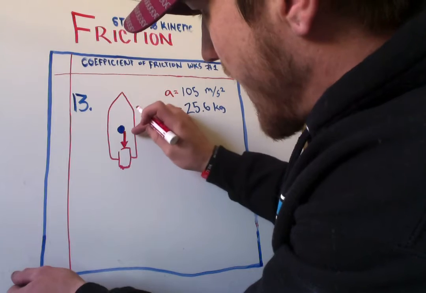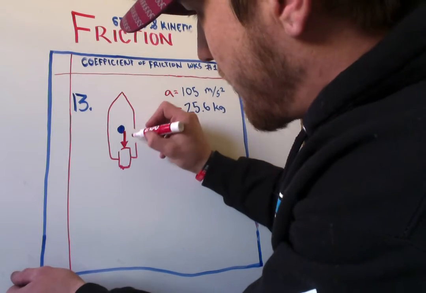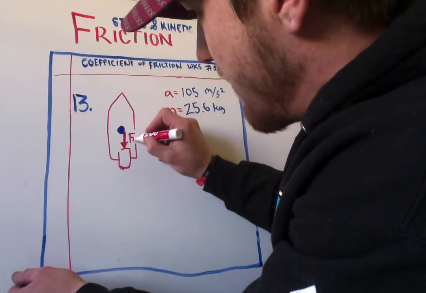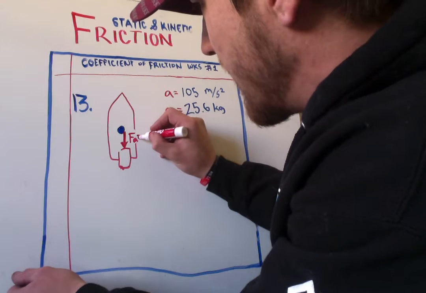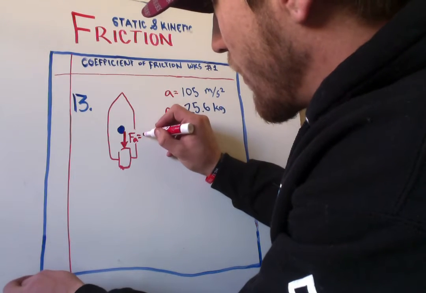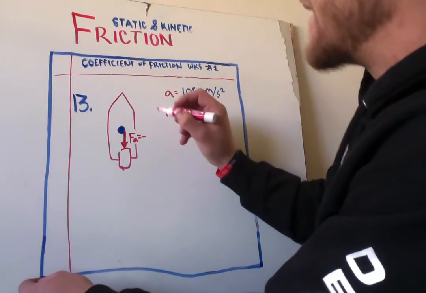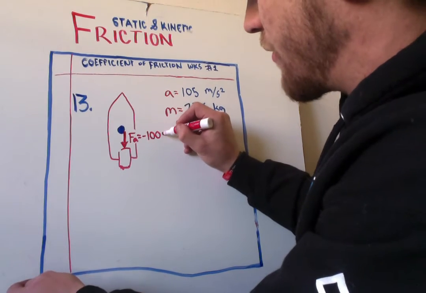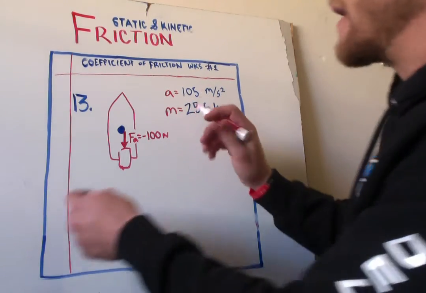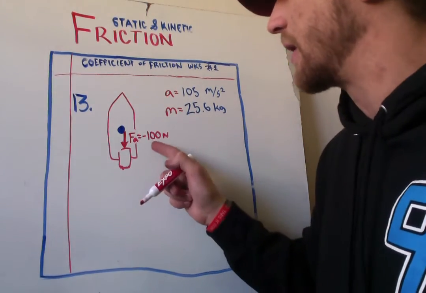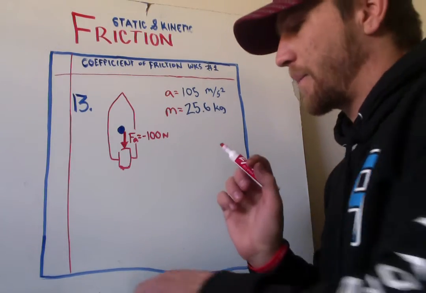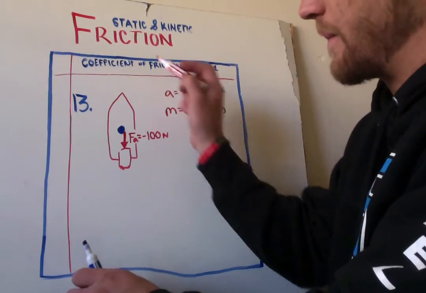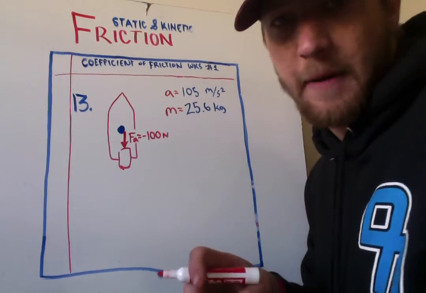So I'm going to say the F of A for air resistance is, and since it's going downward, we're going to make those negatives, right? 100 newtons. Because when we end up getting the sum force, we want to have subtracted those to get the force of the thrust, right?